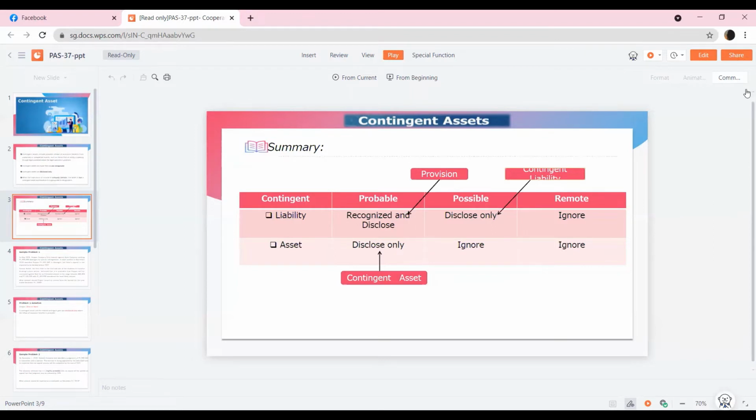Kaya tayo mas maluwag kapag liability. So, kapag liability, kapag probable, recognize na. Pero kapag asset, bago mo i-recognize, dapat reasonably certain yan. Kapag probable ang isang asset, contingent asset. Therefore, i-disclose natin yan. Pero kapag possible and remote, ini-ignore lang natin yan.